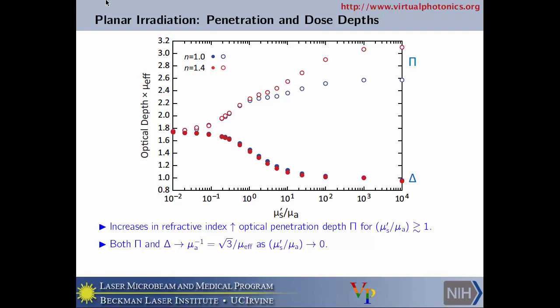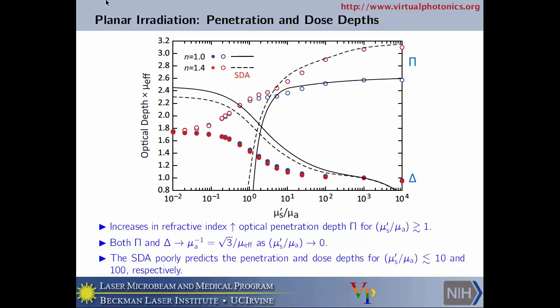And so you see that in the red symbols, the penetration is much higher for higher scattering as opposed to the index matched case. You can actually derive analytically, quite accurately, what the value of that would be in the limit of infinite scattering, and it matches that quite well.